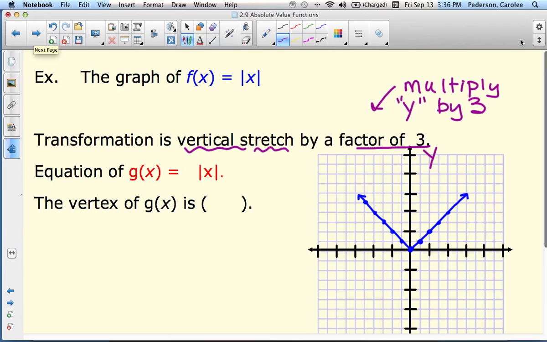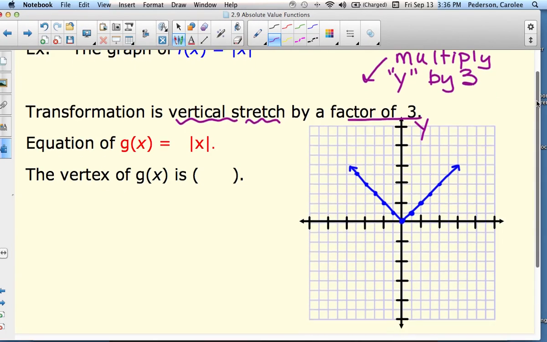So if we look at this blue parent function, if this first order pair is 1, 1, and we want to change it to a stretch of 3, we're going to change the y value to 1, 3.